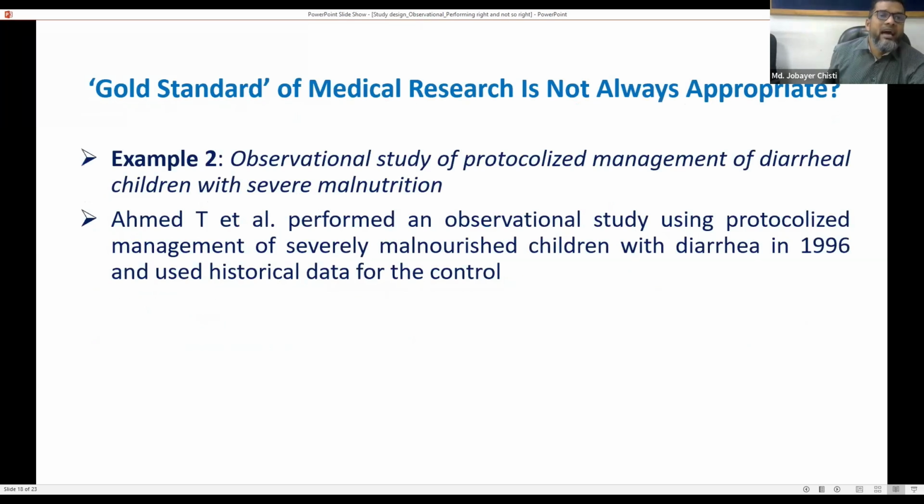So I can give you another example of doing only an observational study, of protocolized management of diarrheal children with severe malnutrition. It was done in 1996 in Bangladesh, where there was an observational study using protocolized management of severely malnourished children with diarrhea and using historical data for the control.